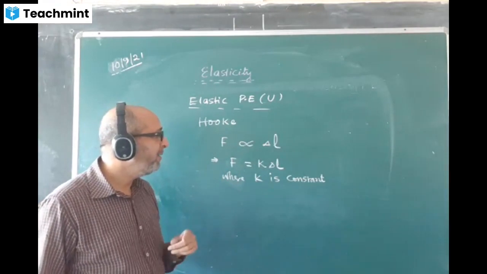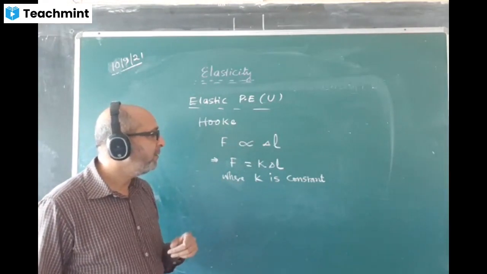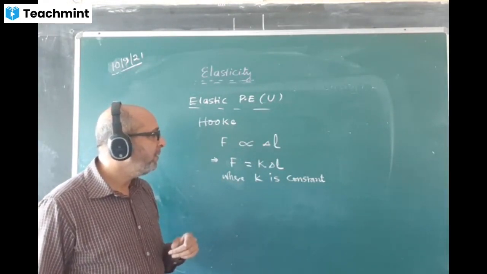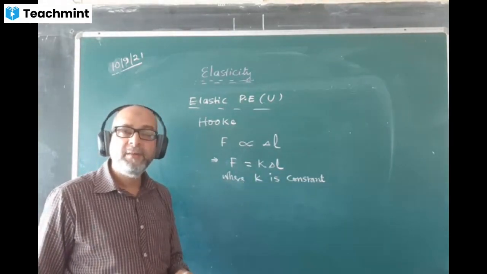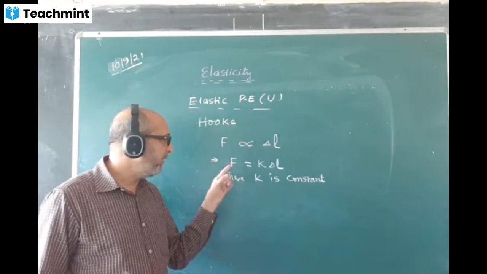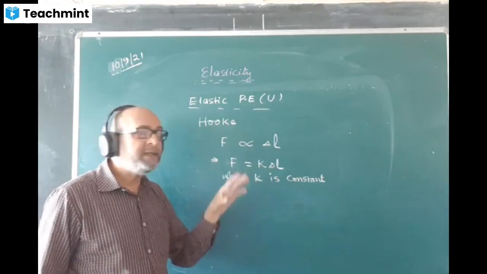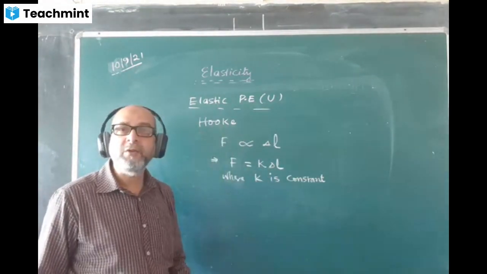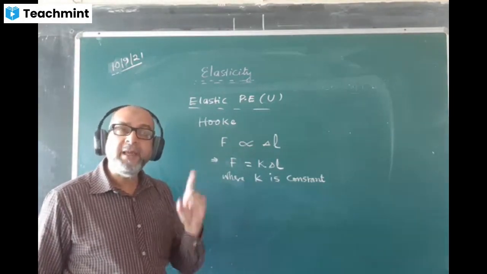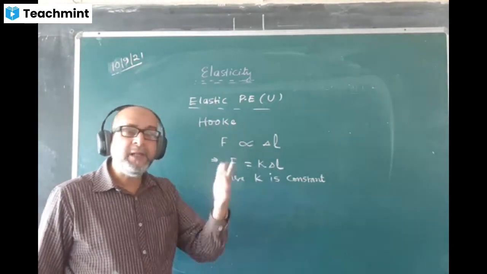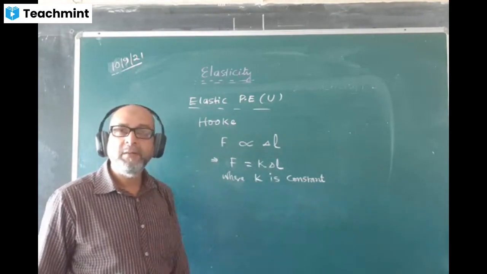K's value changes with change in material. K is constant for a particular material when you change force, delta F. Yes, your question is right. K will vary from one type of material to another.